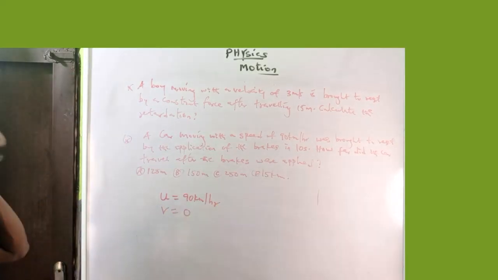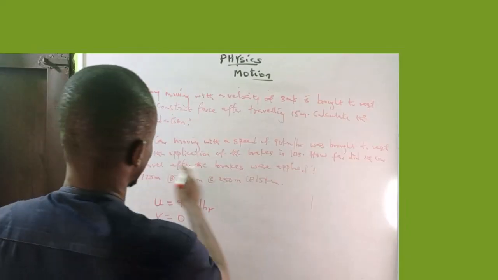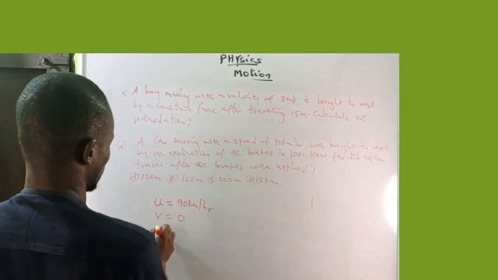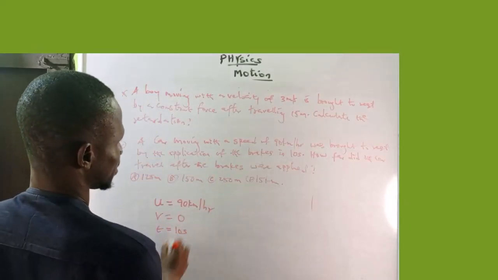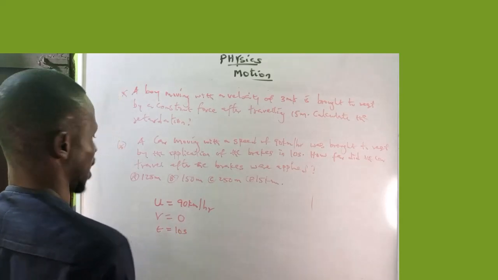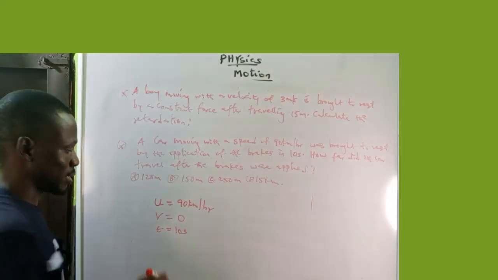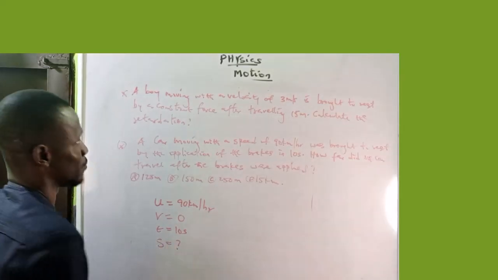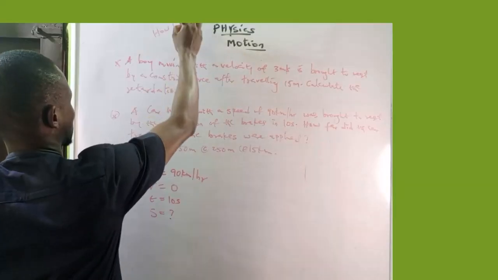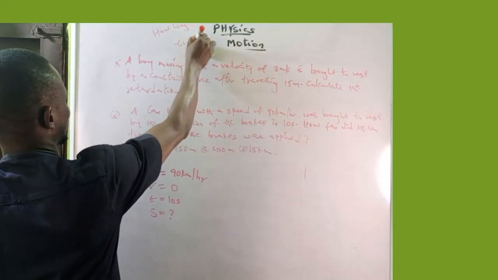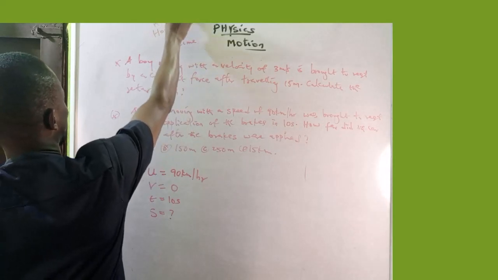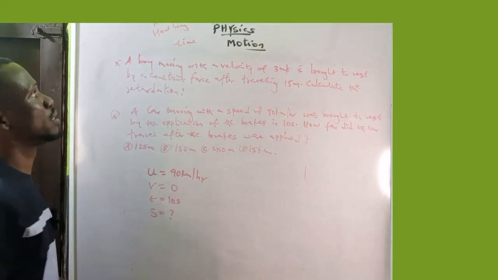When it's brought to rest, the final velocity becomes 0. Then, by the application of brake, in what time? 10 seconds. How far did the car travel? How far means distance, s. If they ask you how long did the car travel, how long means time. If they ask you how far did the car travel, how far means distance.